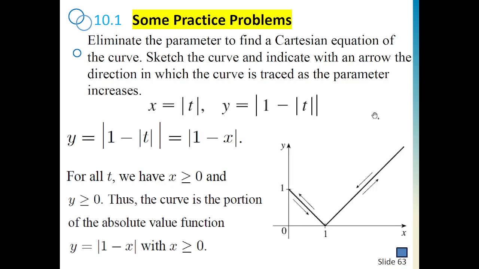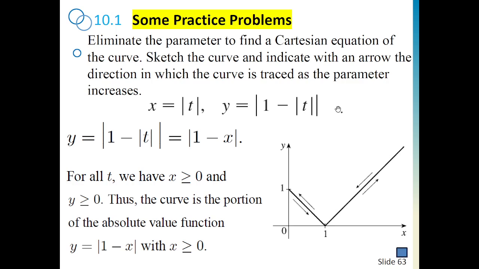So those are just curiosities to get the direction of the movement and then some restrictions on the curve. Here similarly x is the absolute value of t, so any value of t is possible, but x will be only positive. And here y is the absolute value of 1 minus the absolute value of t.